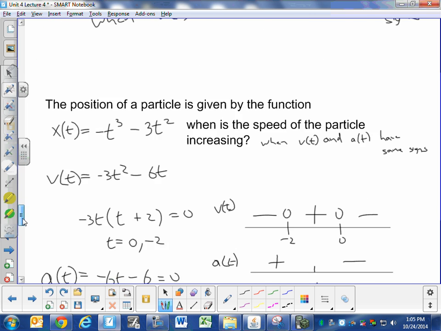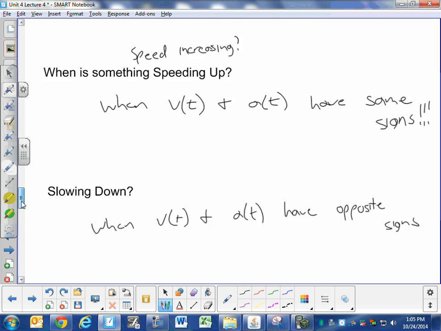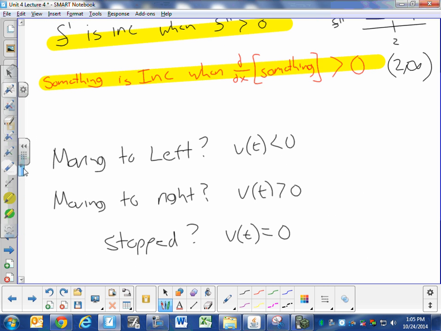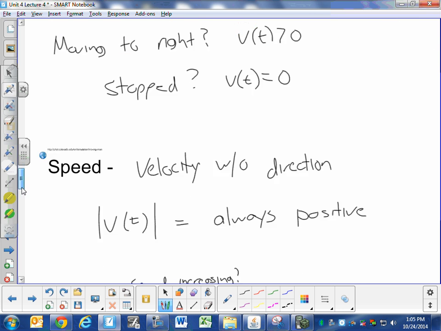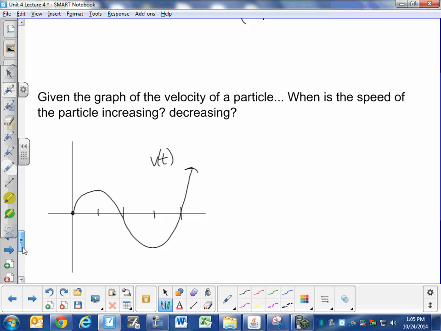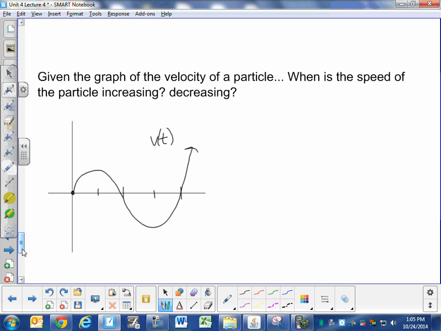I could give you the graph of velocity and ask you, when is the speed of the particle increasing? Go figure that out while I hand out your homework. That's the velocity of a particle.